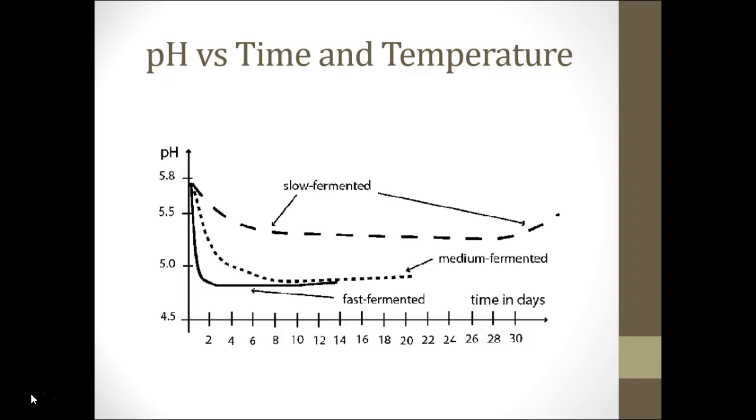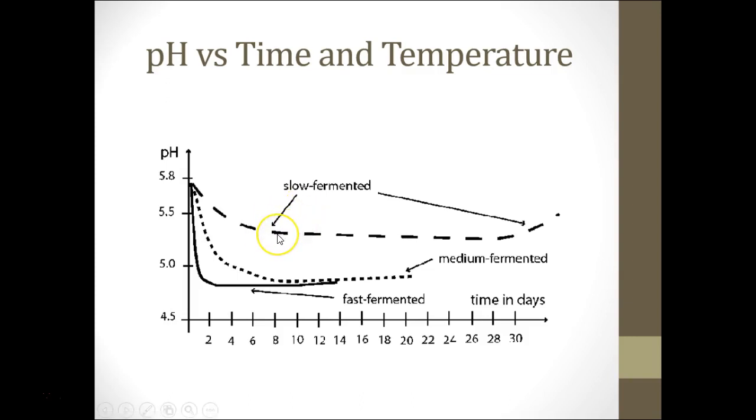So this is just a graph that explains how time and temperature affect pH. In a slowly fermented sausage, we're going to have probably a lower temperature. It's not going to decrease to a pH much lower than 5.3, and it happens a little bit slower than your medium and fast fermented.